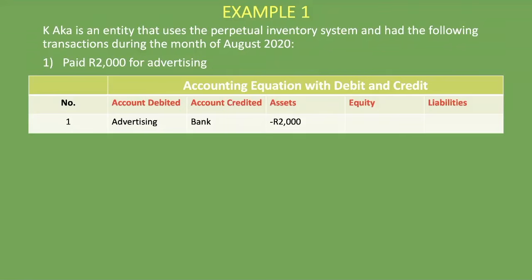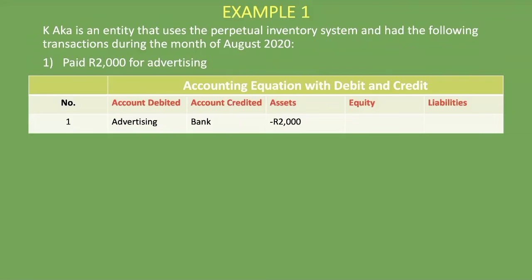So we put there minus 2,000 Rand. That's for the bank. And advertising is an expense. And remember, we record our incomes and expenses under equity because they affect our equity account. Now, your accounting equation may look a bit different, where the equity section is divided into income, expenses, capital, and drawings. So you put it there on the expenses column, but it's a minus.